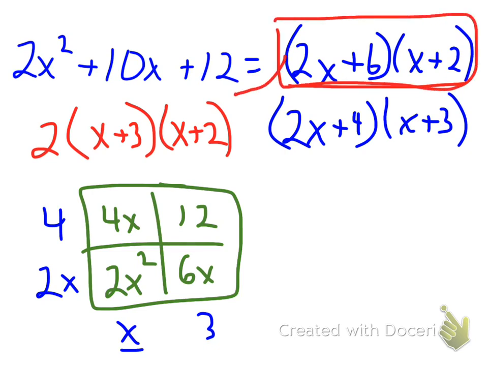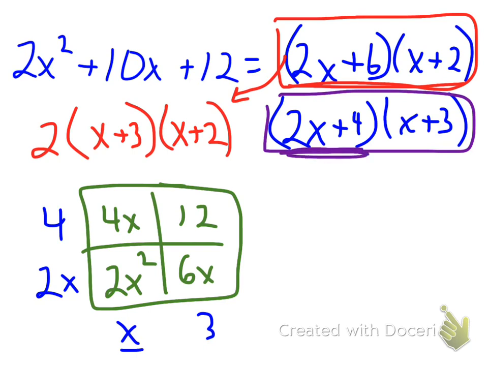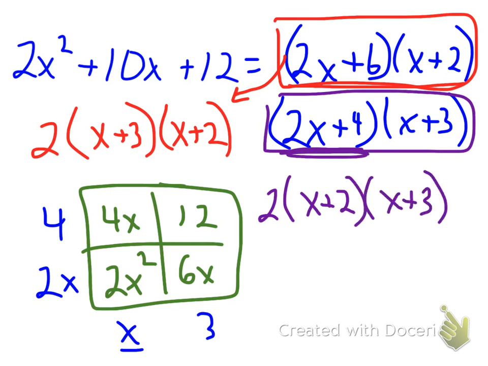This factors into that, which is what we had initially before. And if I work on this one, if I take a 2 out of that factor, I would get 2, and I would have x plus 2 left and x plus 3. And now you can see that both of these, I have the x plus 3 factor, I have the x plus 2 factor, and I have a 2 on the outside.